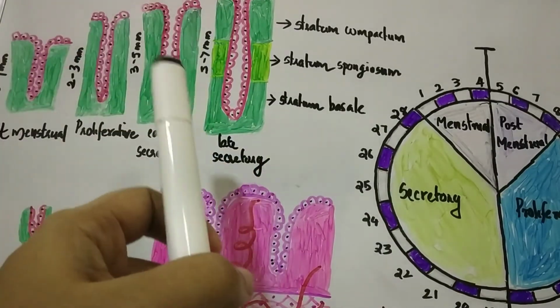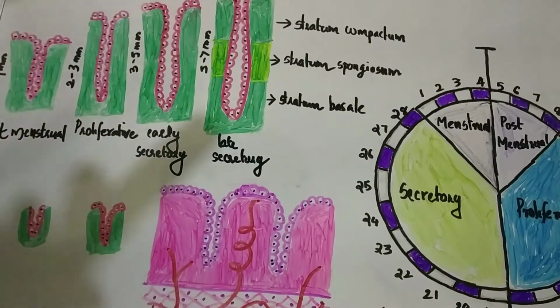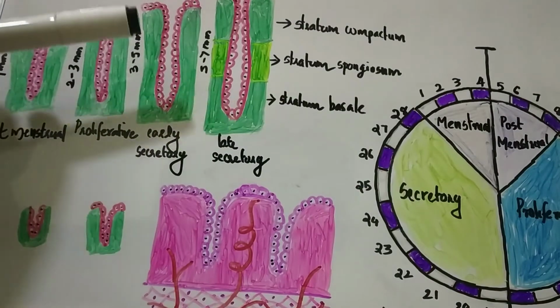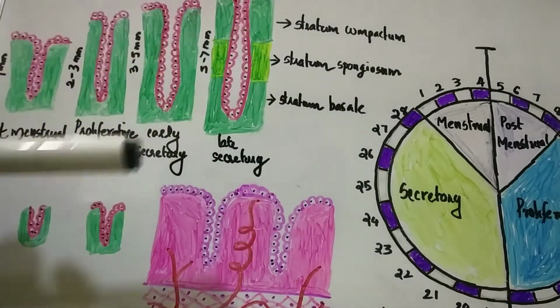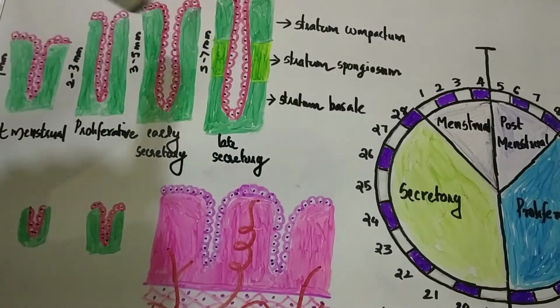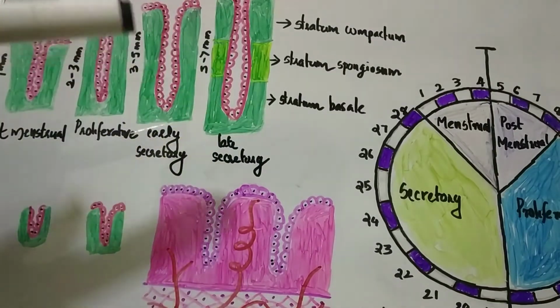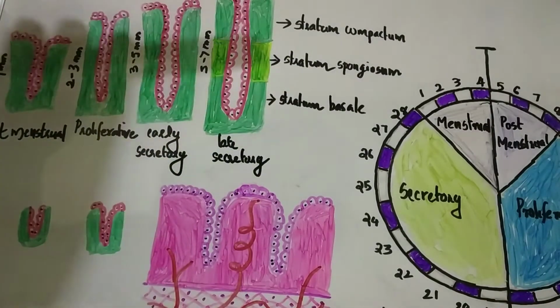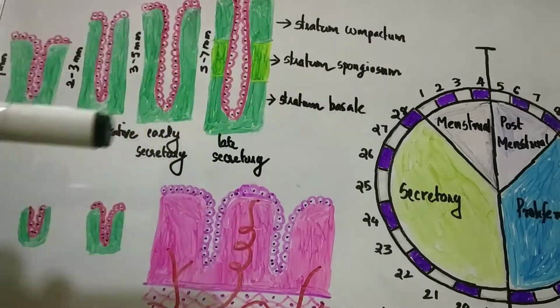Next is the secretory phase, during which the thickness of the endometrium increases again. It reaches 5 to 7 mm in thickness, and the uterine glands also grow and start secreting fluid which nourishes the endometrium and makes it soft.